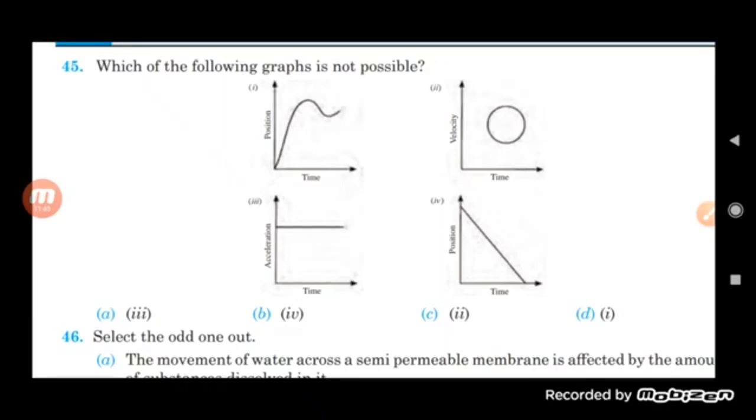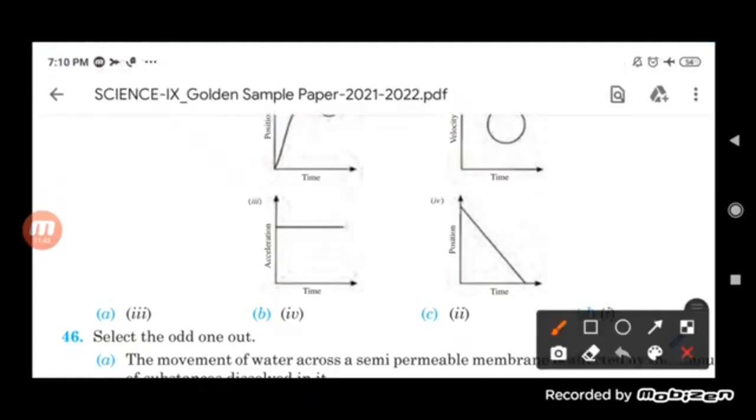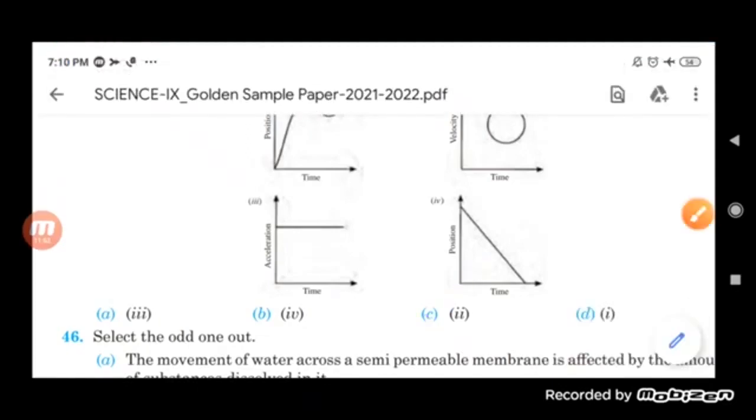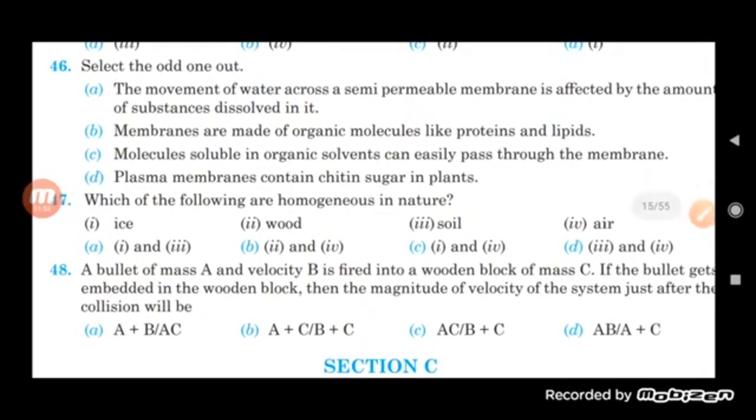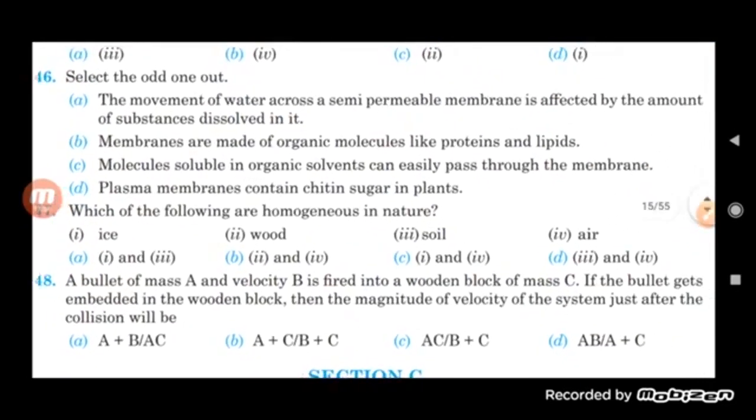So we can say the second is not possible, and the option given in C is where the second is mentioned. So C will be the correct option, student. Select the odd one out. Question: movement of water across a semi-permeable membrane is affected by the amount of substances dissolved in it.